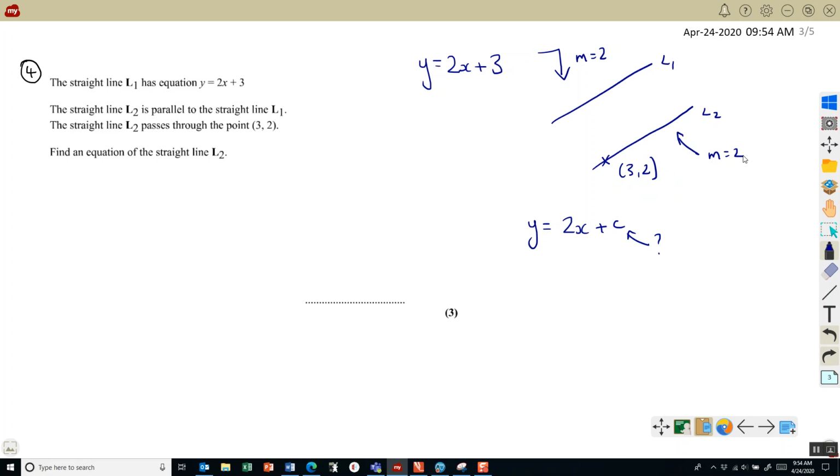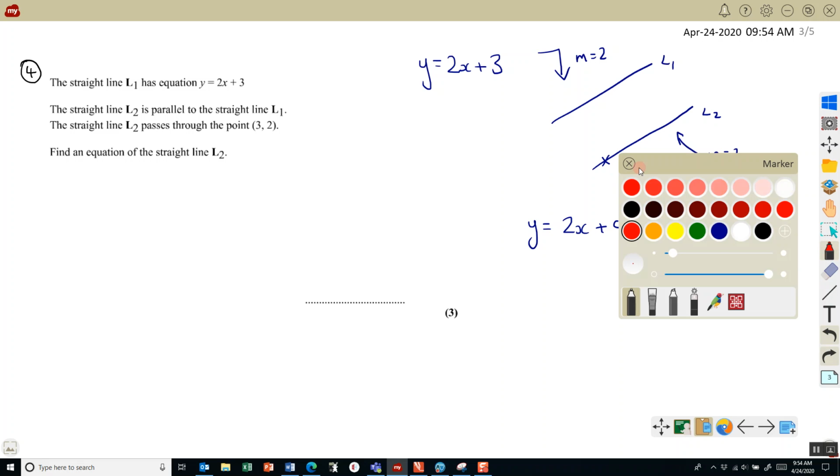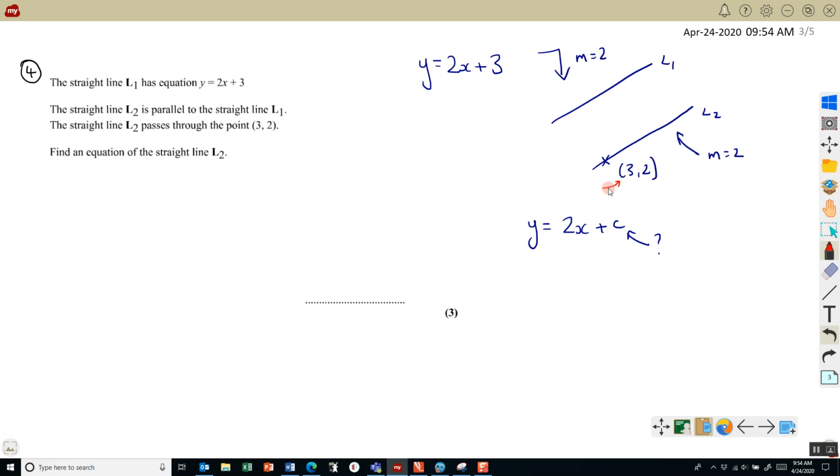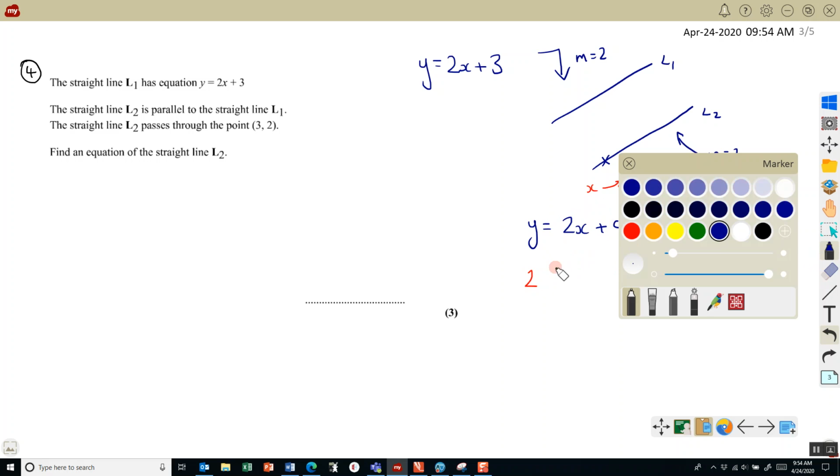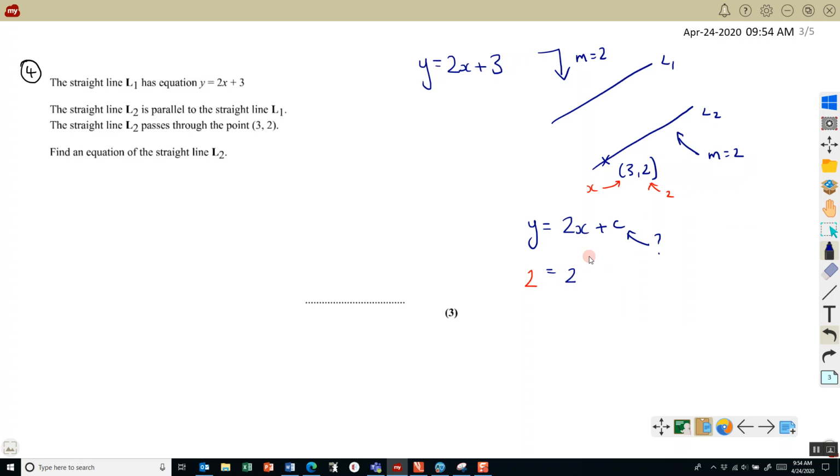The x value is 3, and the y value is 2. So I can put these into this equation. So y is 2, and x is 3.